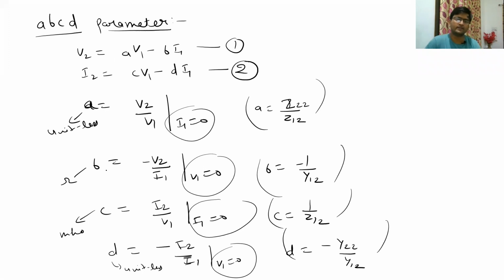Also, A is unitless, B has unit ohm, C is mho, and D is unitless. And similar to the capital ABCD parameter, we cannot draw the equivalent circuit for a small ABCD parameter as well, because both these equations are only representing the output port. So we don't have any representation for the input port. So it is not possible to make an equivalent circuit for a small ABCD parameter as well.